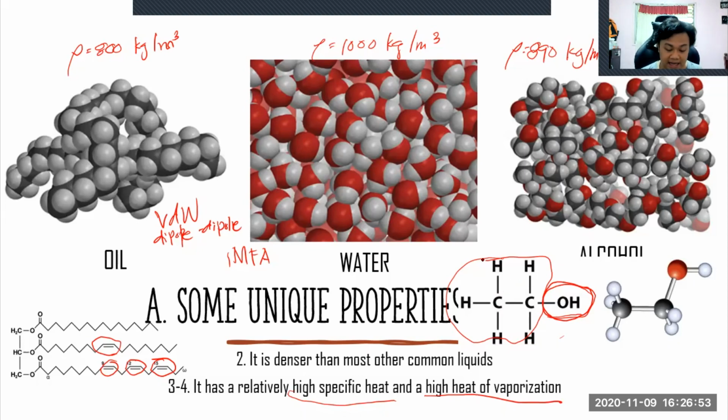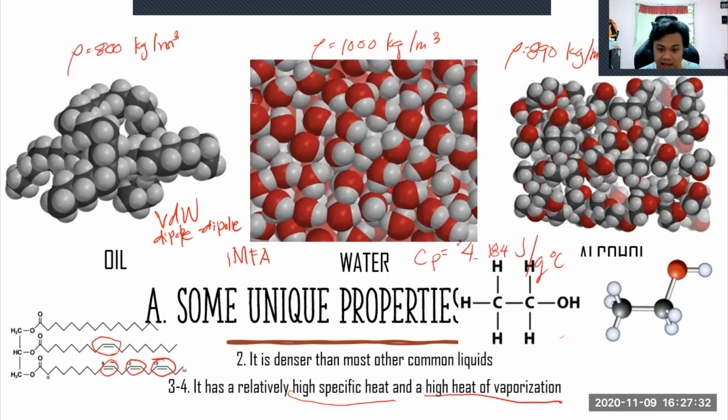Water has the highest specific heat capacity of any liquid. Specific heat is defined as the amount of heat 1 gram of a substance must absorb or lose to change its temperature by 1 degree Celsius. As you already know, the heat capacity of water is 4.184 joules per gram per degree Celsius.